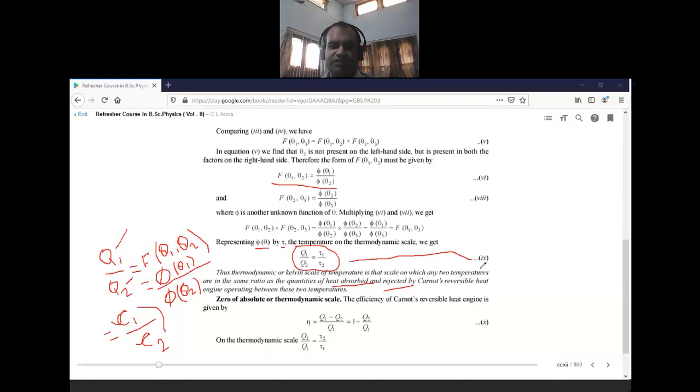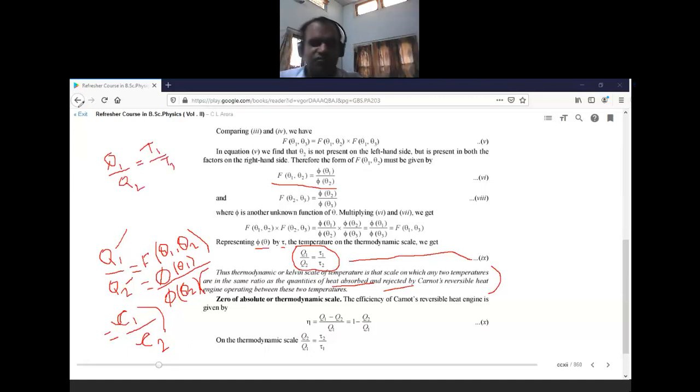Is that the scale on which two temperatures are in the same ratio? These two temperatures, tau 1 and tau 2, are in the same ratio as the quantity of heat absorbed by the engine operating between these two temperatures. So you understood this? This is nothing but another form of Carnot's theorem. In Carnot's theorem we also learned Q1 by Q2 is equal to T1 over T2.